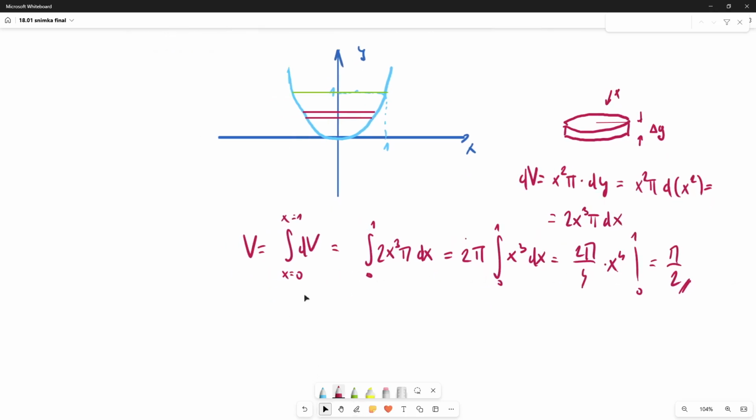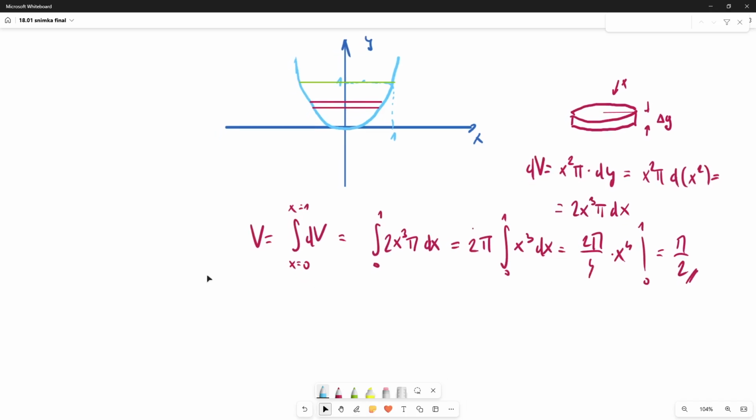Another way to solve this is to consider a different unit volume. In this case, the unit volume is going to be a shell of a cylinder. So let's take this shape one more time and consider it as a cylinder.